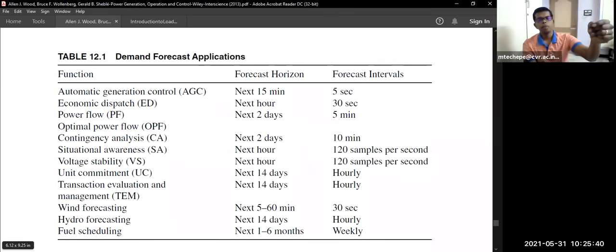So 1,500 megawatt means 2 generators we have to switch on: a 1,000 megawatt generator and another 500 megawatt generator. Like that, you do it in every generating station.